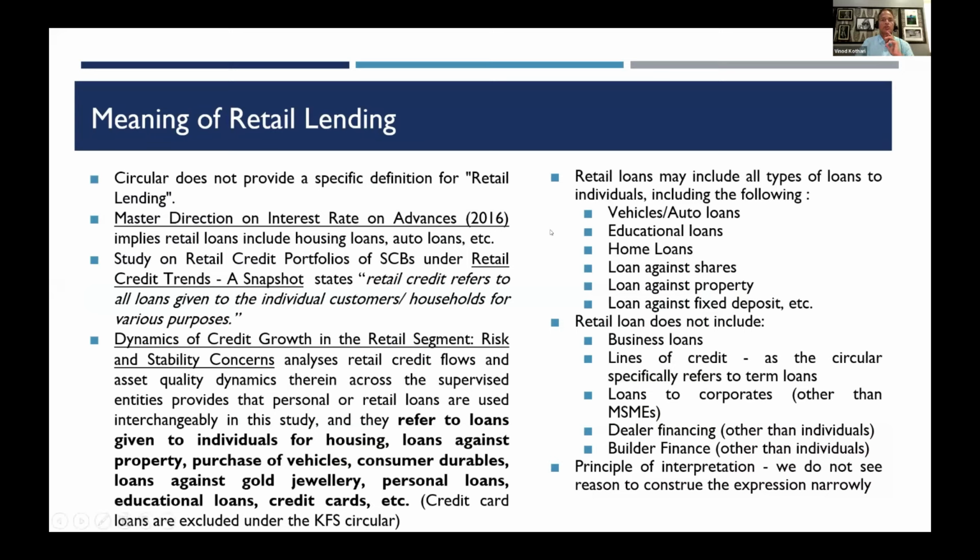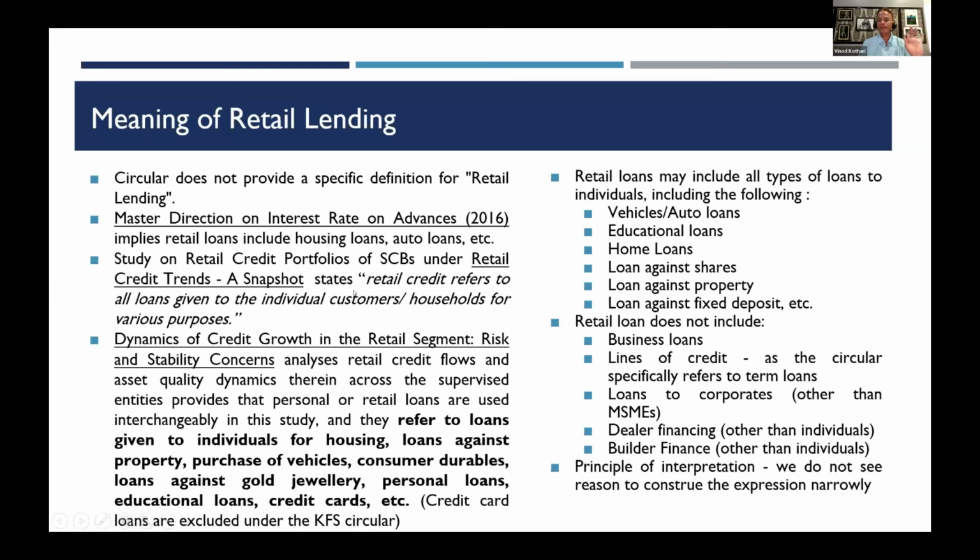The term retail lending is not defined in the circular, which gives a cross-reference to the Master Direction on Interest Rates on Advances 2016, saying words and expressions not defined here will take the meaning from the 2016 circular. Neither does the 14th April 2024 circular define retail lending. Then we go to the 2016 circular, referenced in the 14th April circular.